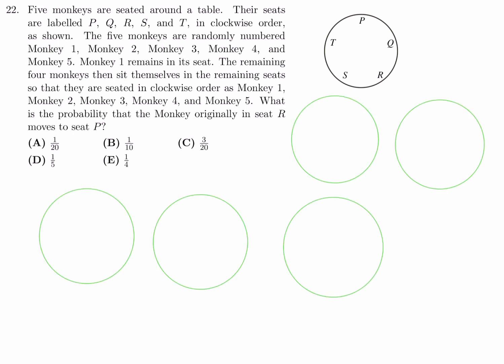We have a few scenarios here, and each scenario I will discuss, and then we'll try to figure out the probability for each. So first, let's label all of these according to the way they've labeled it, PQRST. Now let's talk about monkey number 1.